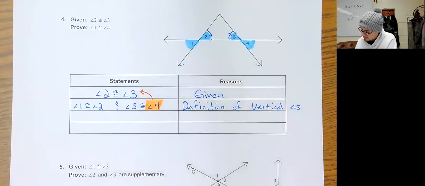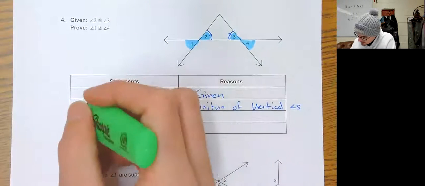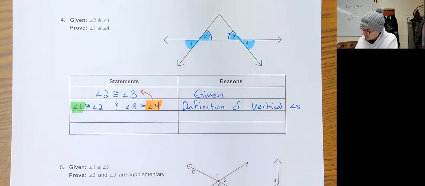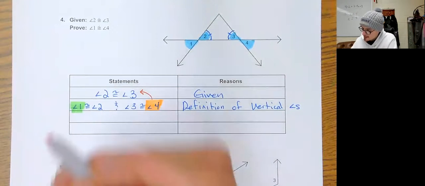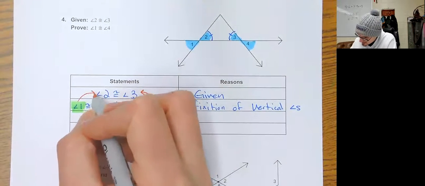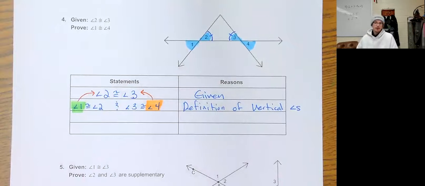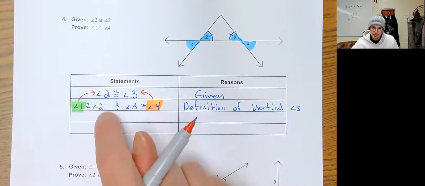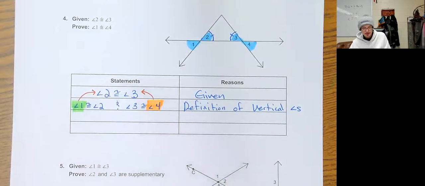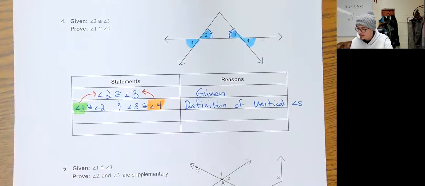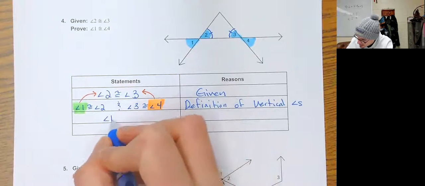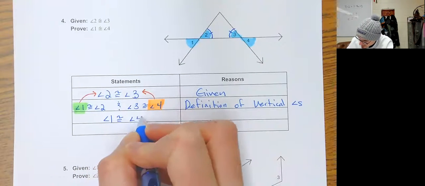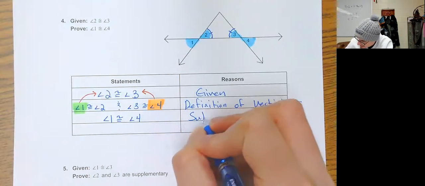And can I take angle 1 and substitute that in for angle 2? Well, angle 4 is congruent to angle 3, so that checks out. Angle 1 is congruent to angle 2, so that checks out. So let's just do a double substitution all at once and get angle 1 is congruent to angle 4. Substitution.